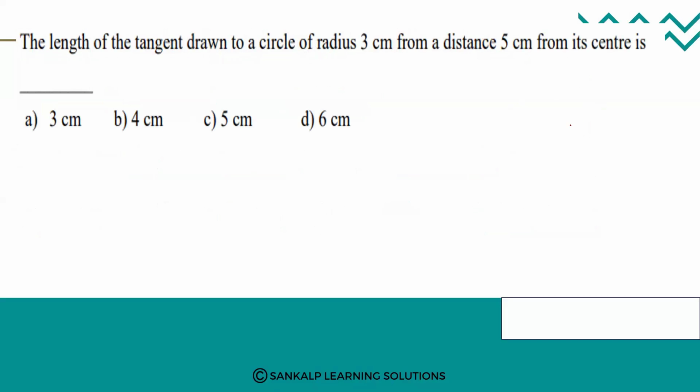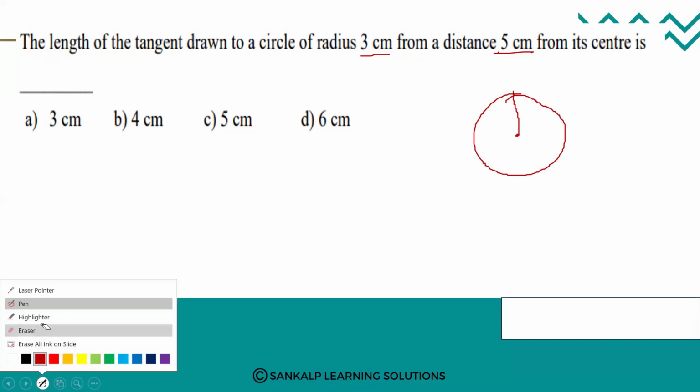The length of the tangent drawn to the circle of radius 3 centimeter from a distance 5 centimeter from its center is, okay. The length of the tangent drawn to a circle of radius they have given. Okay, so this is a circle. See, this is the center of the circle and this is a radius.